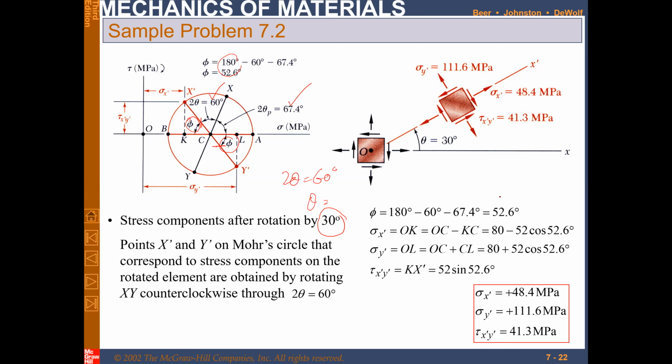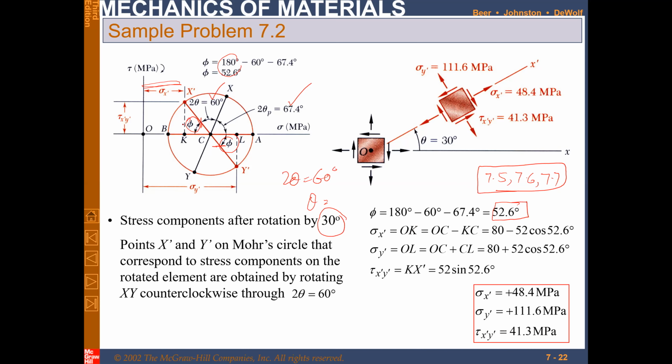Now what are you going to do? Now you will use equations 7.5, 7.6 and 7.7 to calculate, because theta you know, so you will directly put this theta value over there and calculate, or you can go accordingly for these trigonometric expressions. Sigma x prime will basically be this coordinate, right?